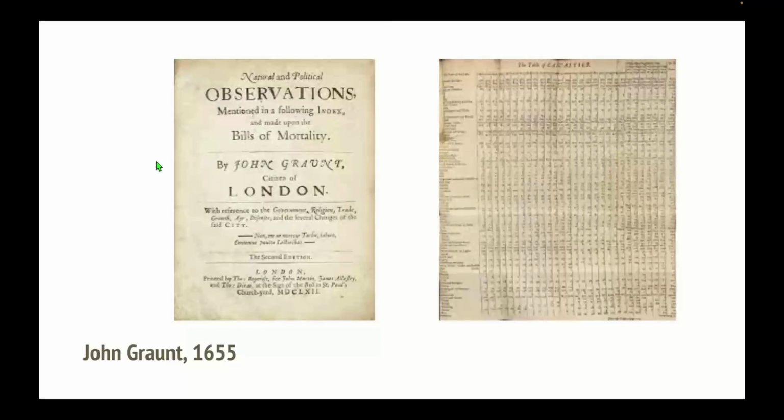This gentleman, John Graunt, published a book. It's a real page turner. It's called Natural and Political Observations Mentioned in a Following Index and Made Upon the Bills of Mortality. Really exciting in the data space. Someone captured a lot of data, did some math on it, and predicted mortality rates.